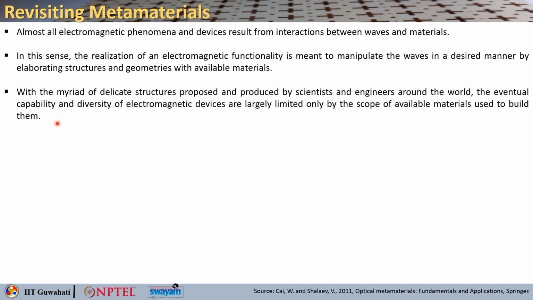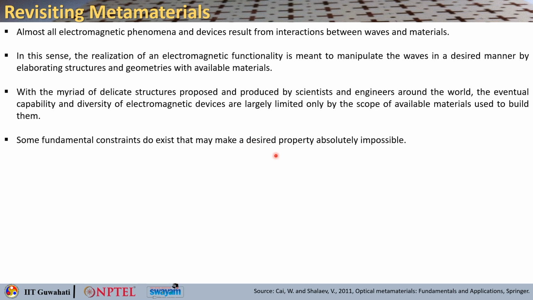So, with the myriad of delicate structures proposed and produced by the scientists and engineers over the last 1 decade or 1.5 decade or so, the eventual capacity and diversity of the electromagnetic devices, okay, have largely increased, because they are not only restricted by the available materials, as we have seen in the previous lecture.